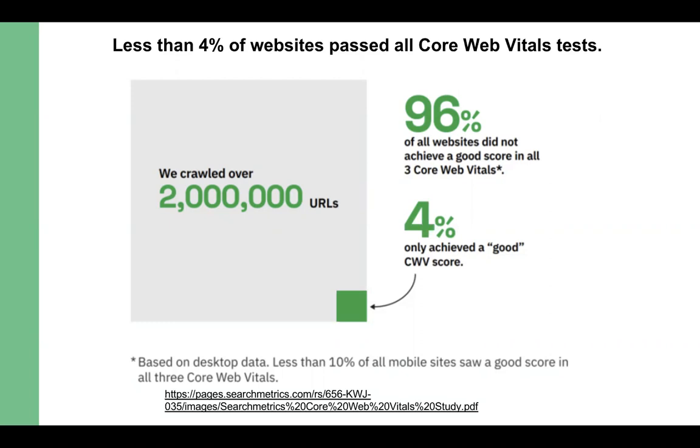So they don't have a good score. Only 4% of those URLs were deemed to be good from a Core Web Vitals point of view. So this is important to note, because if basically 96% of the top websites in the US and UK are not ready for it, in the Australian market, a lot of websites are not ready.